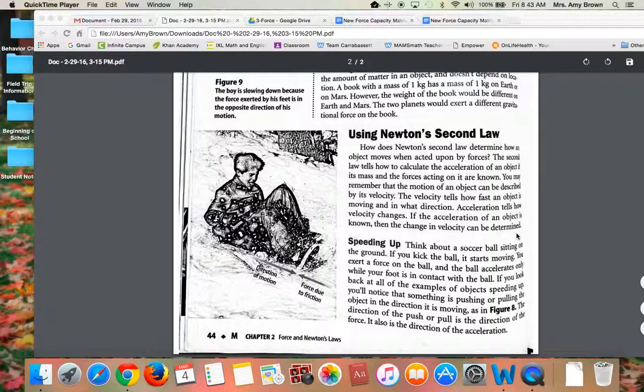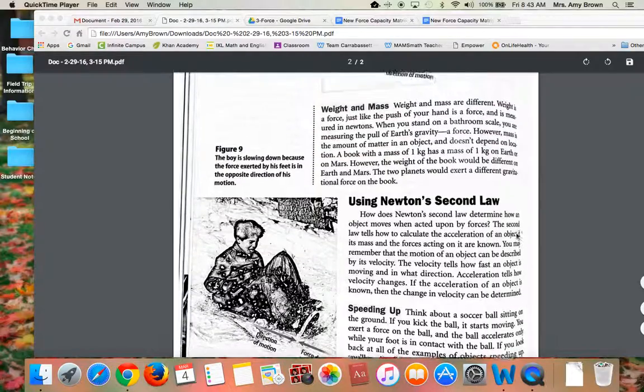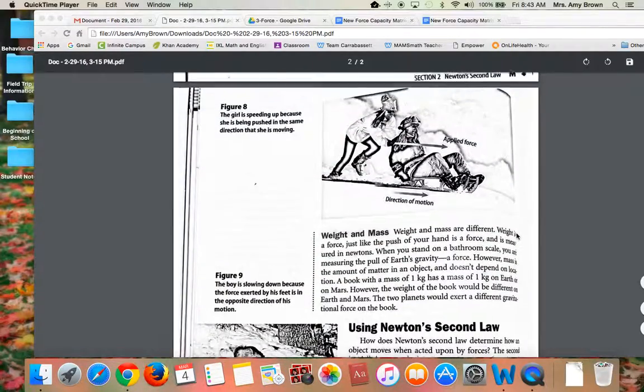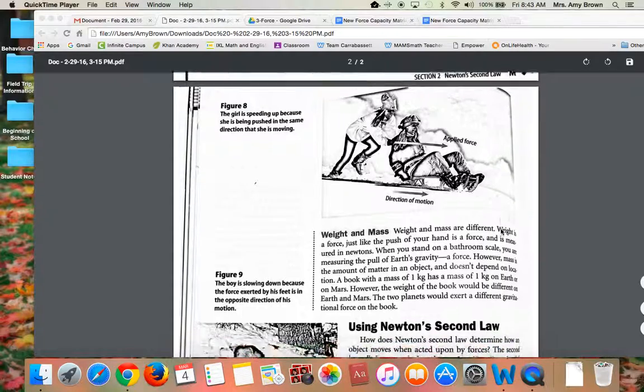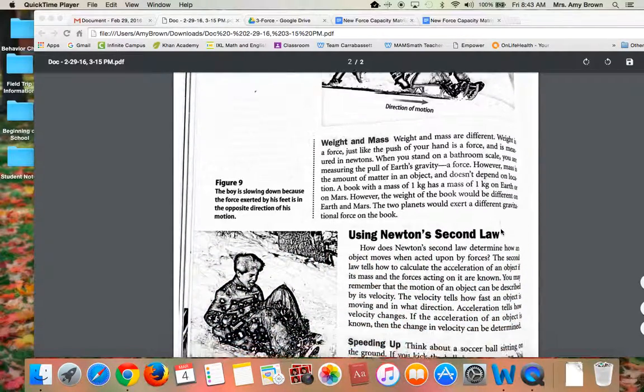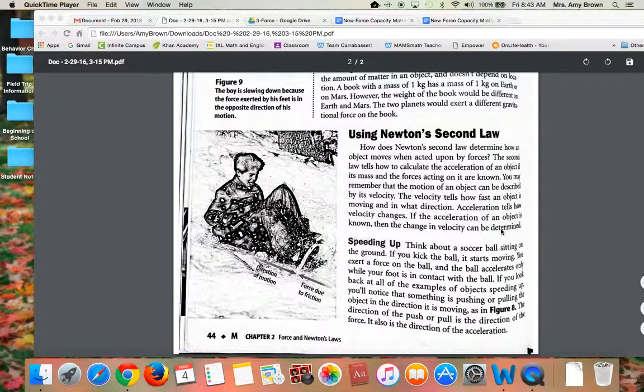If you look back at all the examples of objects speeding up, you'll notice that something is pushing or pulling the object in the direction it is moving, as in Figure 8, which is up here. The direction of the push or pull is the direction of the force. It is also the direction of the acceleration.